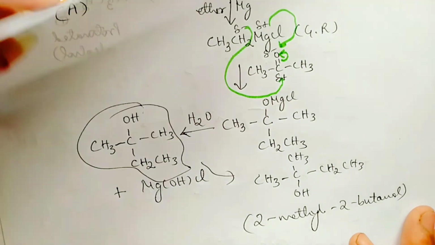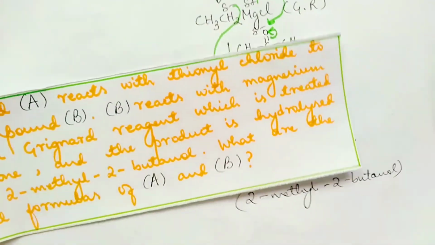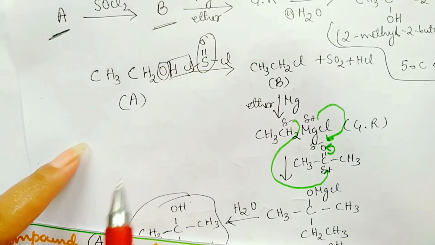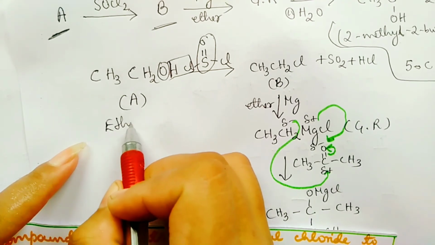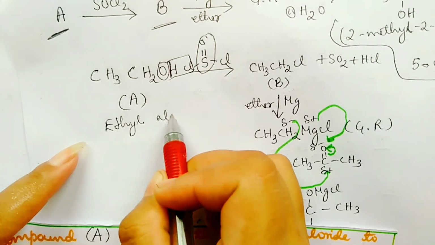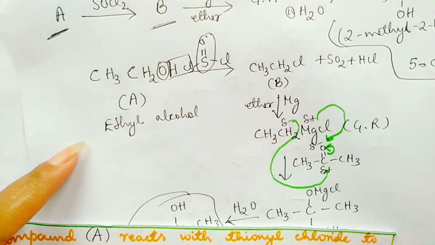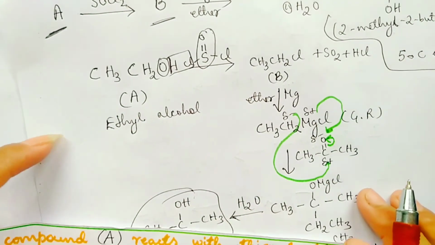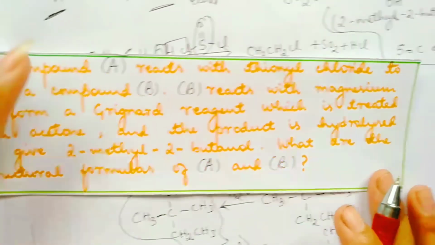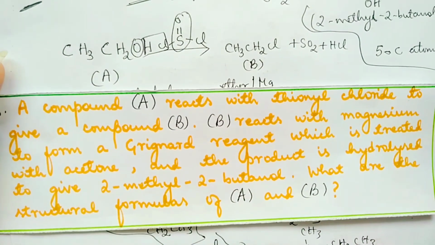Okay, what are your A and B? Your A is ethyl alcohol or ethanol, and your B is ethyl chloride. Okay, hence we are done with all the questions.